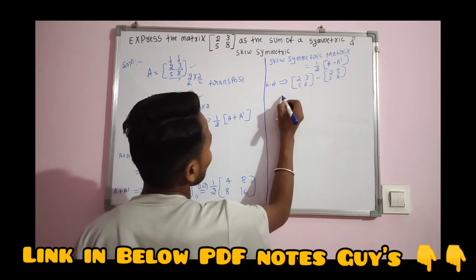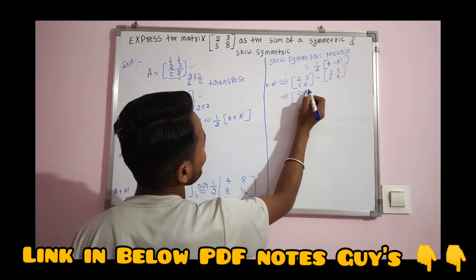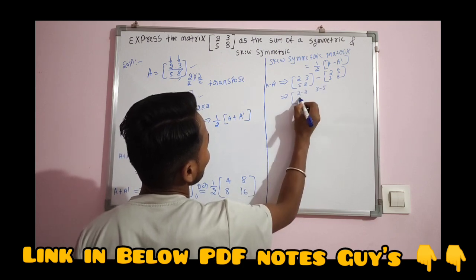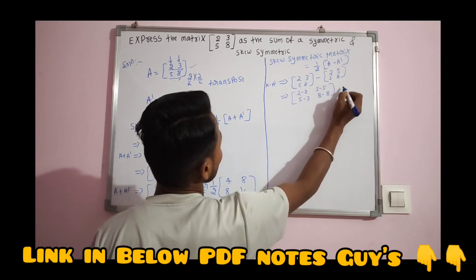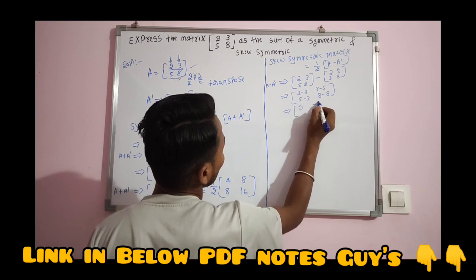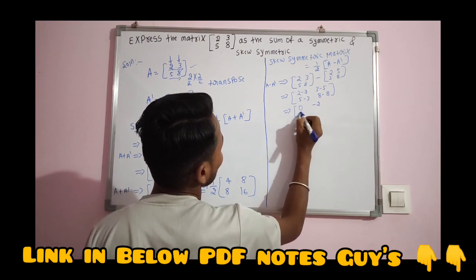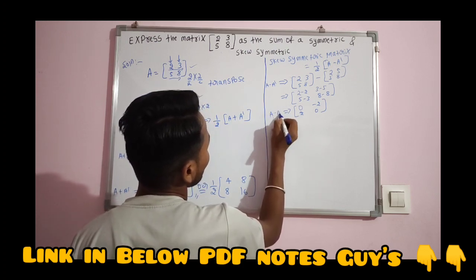Okay, so row into row. So 2 minus 2, 3 minus 5, 5 minus 3, 8 minus 8. So the result is 0, minus 2, 2, 0.